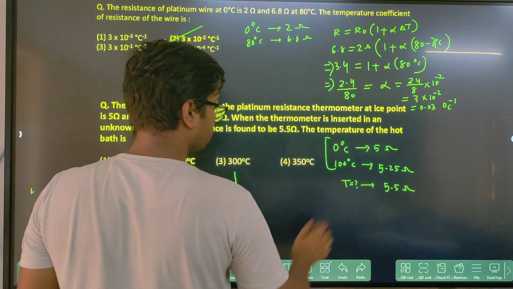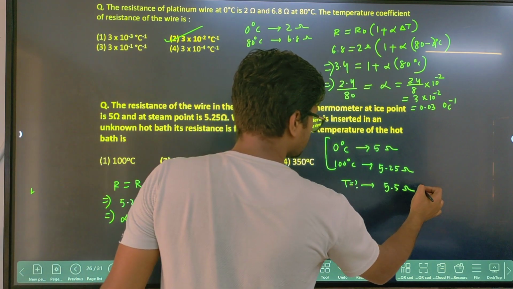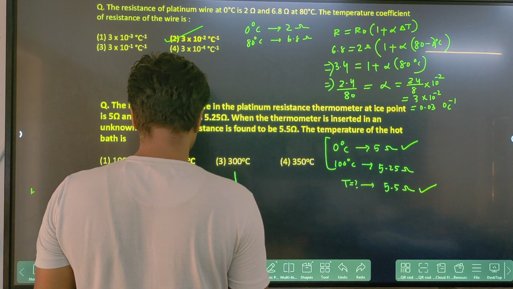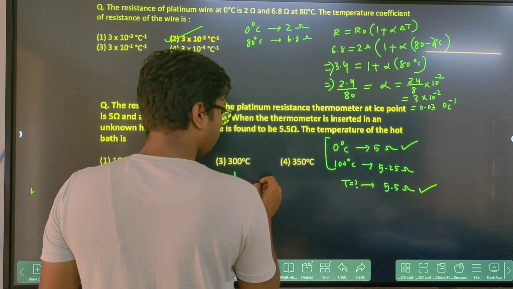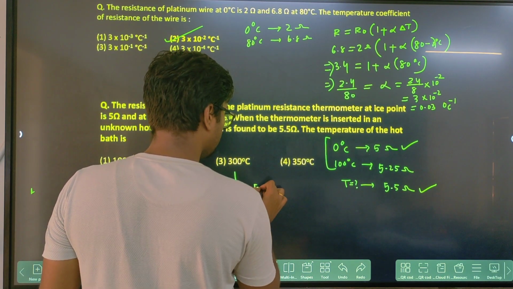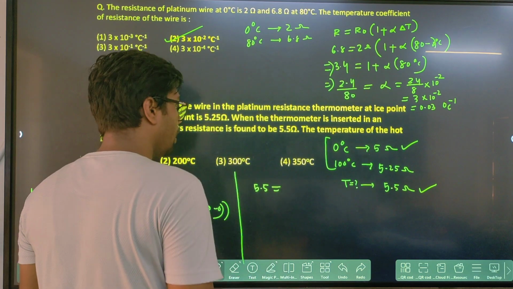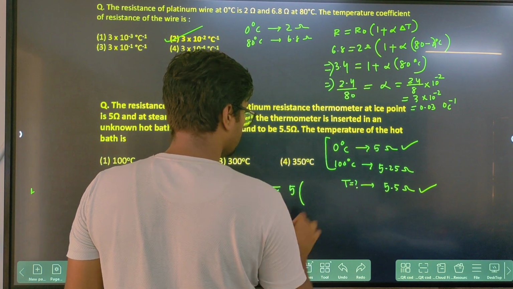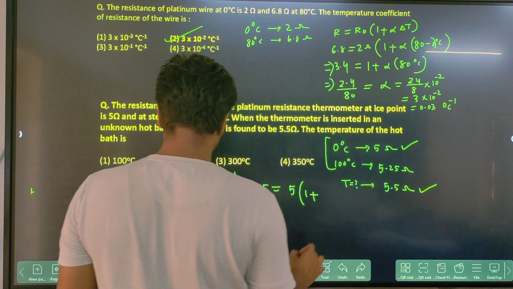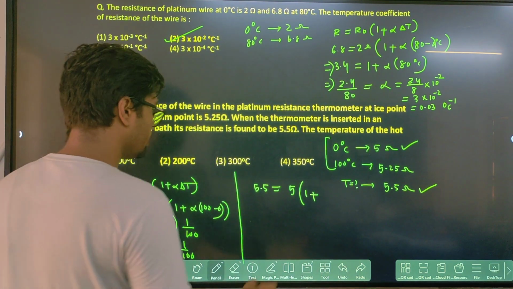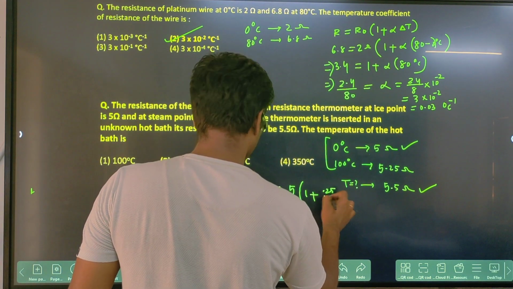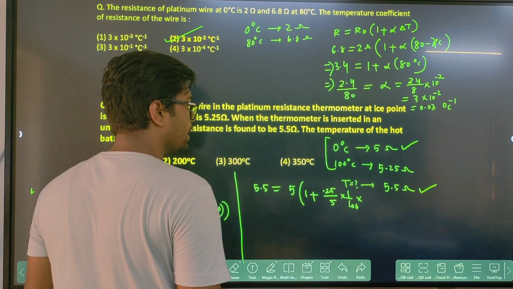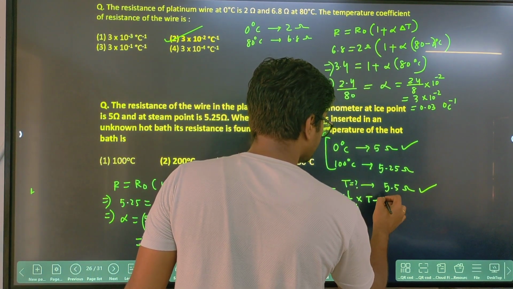Correct? Now just compare this one and this one, at 0 degrees and T. The resistance at temperature T will be 5.5 equals R naught, 5 ohm, into 1 plus the alpha value you got now, which is 0.25 divided by 5 into 1 by 100, into delta T. Delta T will be T minus 0.